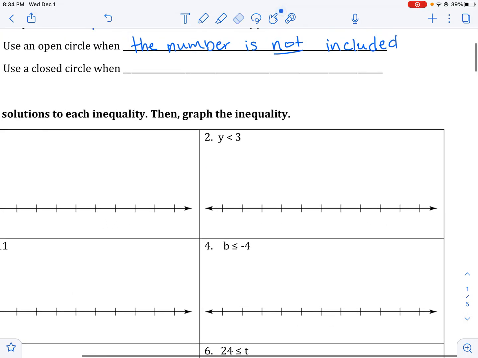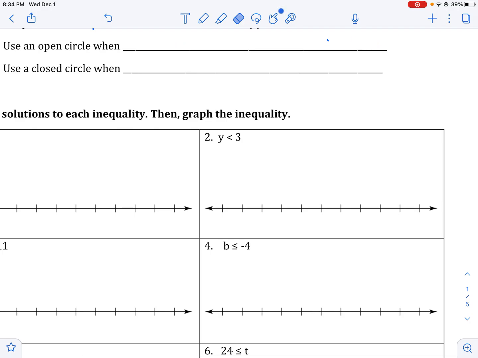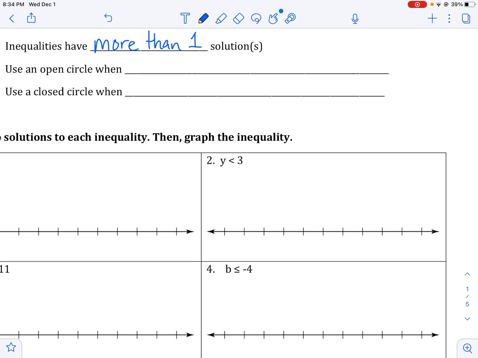You could also express this as, I'm going to use an open circle when the inequality is not equal to.